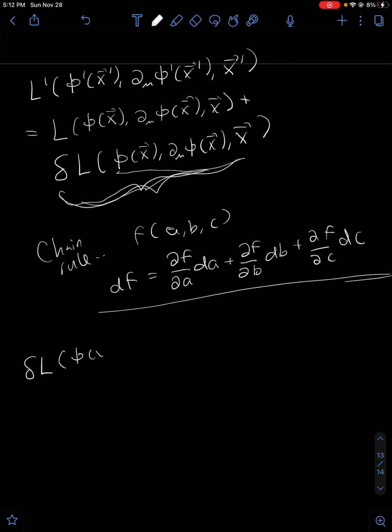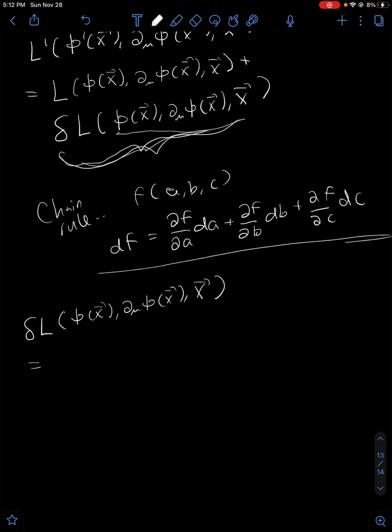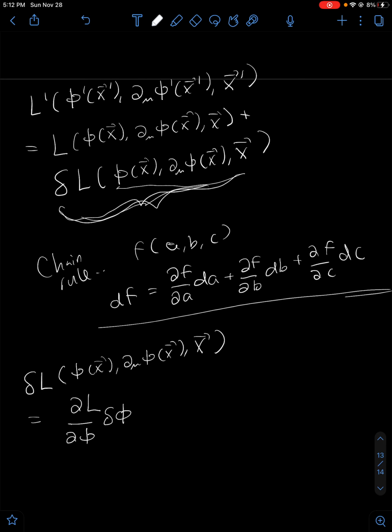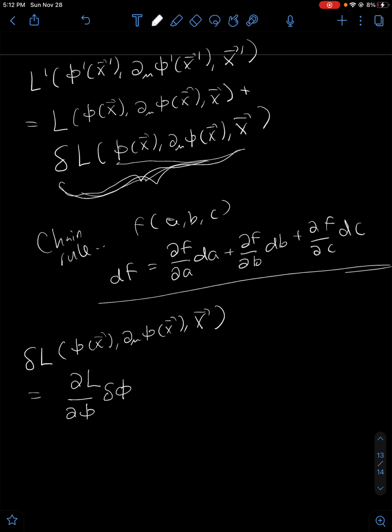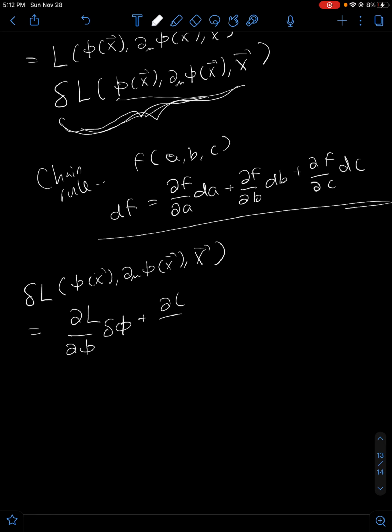The infinitesimal L of phi of x, partial mu phi of x, and x is going to be partial L over partial phi times delta phi, since in this case we have delta phi, because delta phi is the infinitesimal movement of phi, plus partial L over partial mu phi times delta of partial mu phi, plus partial L over partial x times delta x.